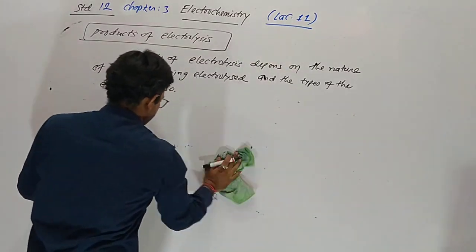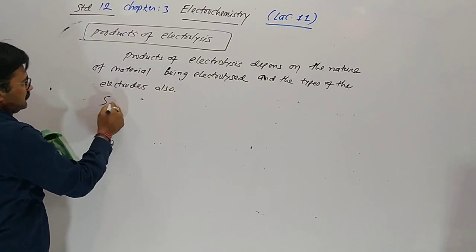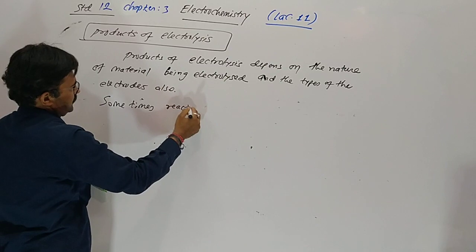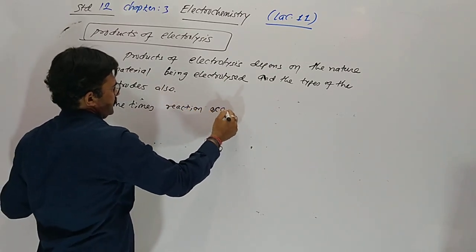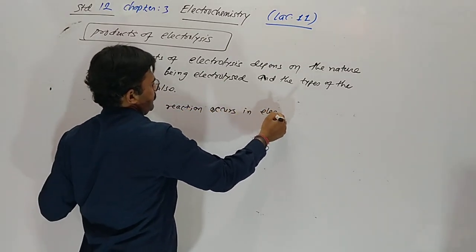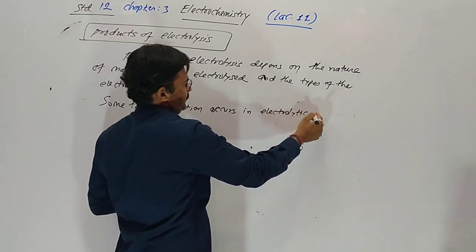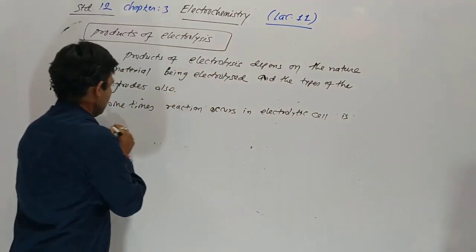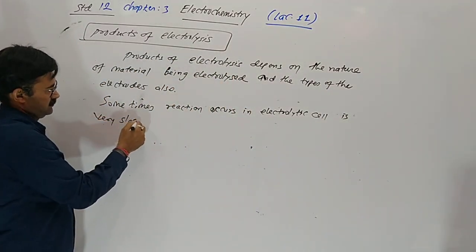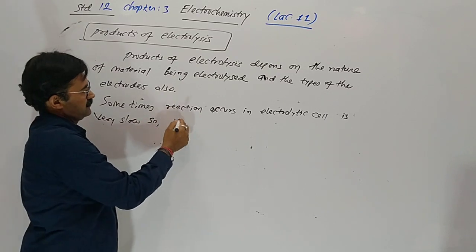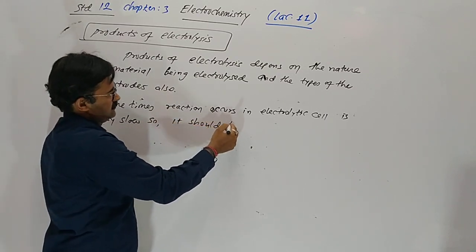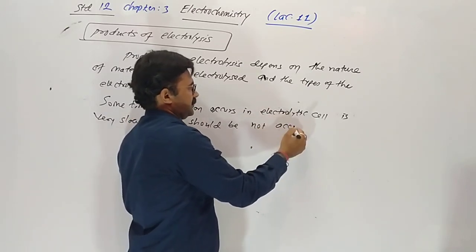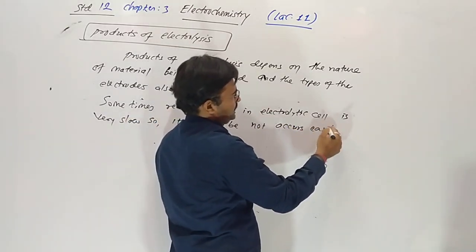Sometimes a reaction occurring in the electrolytic cell is very slow, so it does not occur easily.